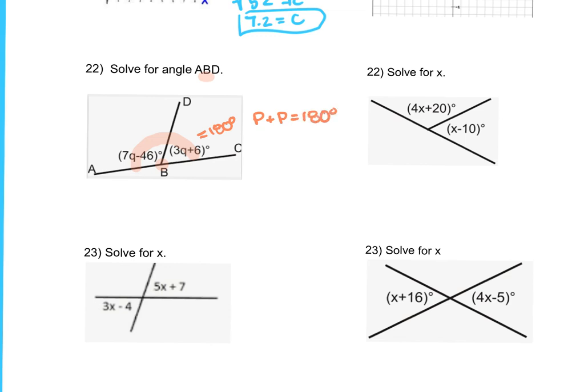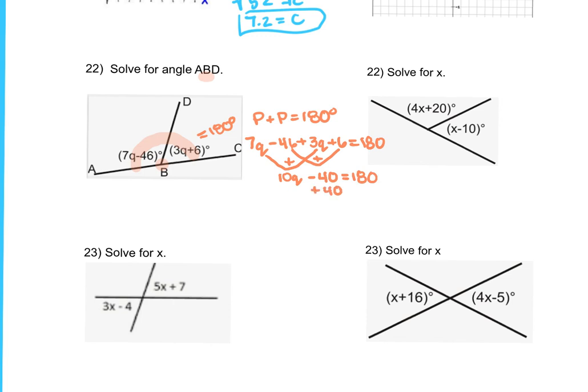So our first part is 7q minus 46 plus the next part, which is 3q plus 6, and it's going to equal 180 degrees. We can combine like terms on the same side by adding. So 7q plus 3q gives us 10q, and then negative 46 and positive 6 gives us negative 40, and that's going to be equal to 180 degrees.